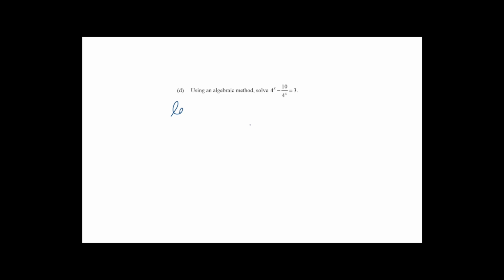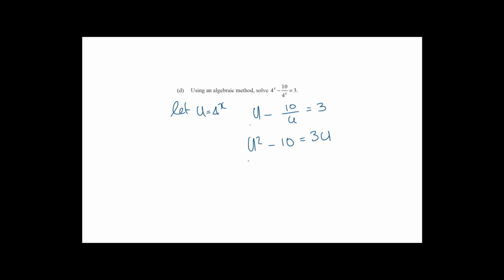Let u be equal to 4 to the x, and get rid of it that way. So u minus 10 over u equals 3. Then I'm going to multiply both sides by u. So u squared minus 10 equals 3u.